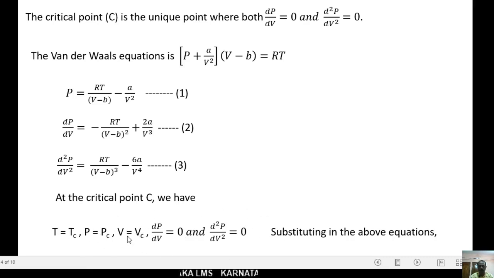So we substitute all these in equations 1, 2, 3. In equation 1, we get Pc equals RTc by (Vc minus b) minus a by Vc square. That is equation 4.